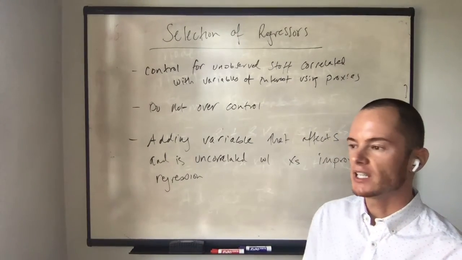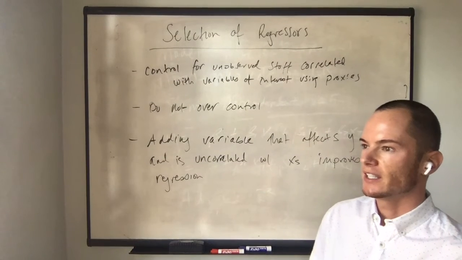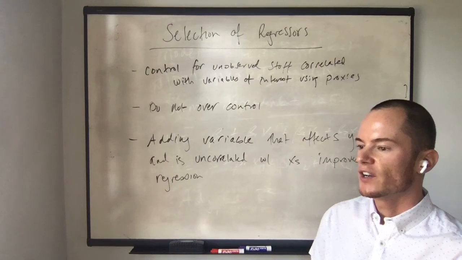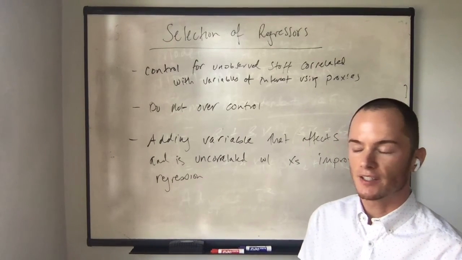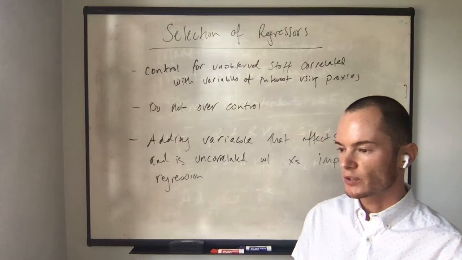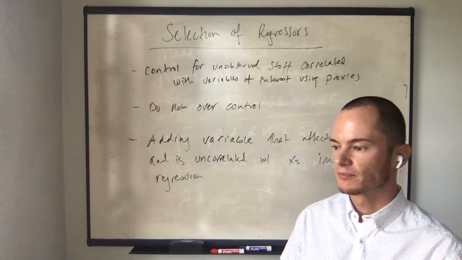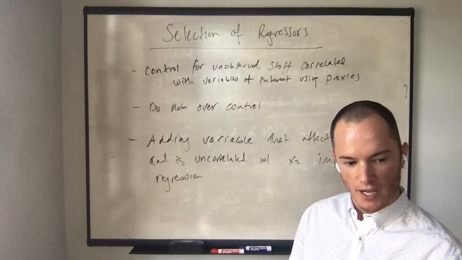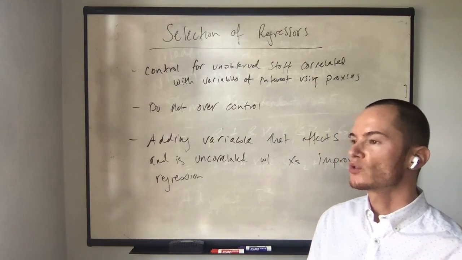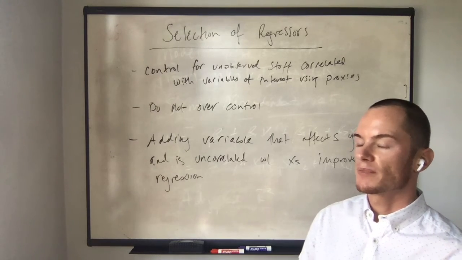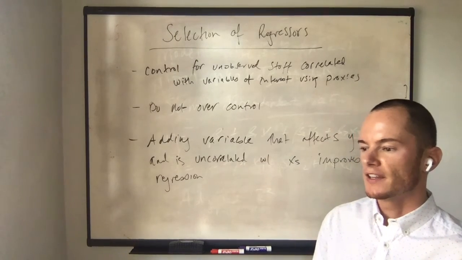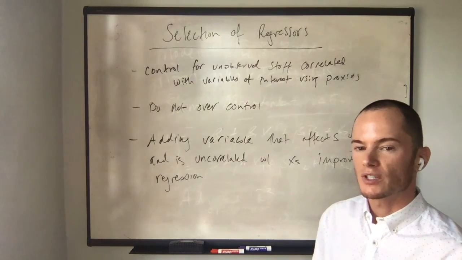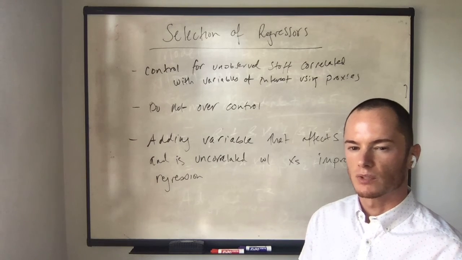An example might be if your variable of interest is income and you bring in another variable that is related to income, and so you're looking at the effect of income perhaps on education outcomes, and then you control for something else closely related to income, then you're not left with much variation in income. So we would not want to control for income and something else related to income.